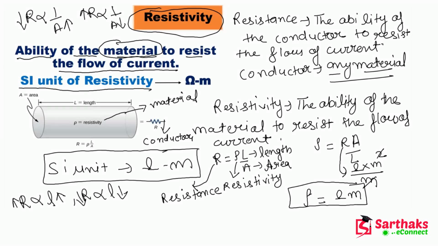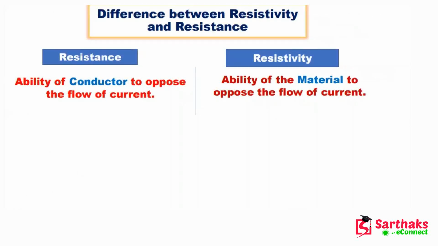Now, after understanding this concept, let's move on to the next slide. If you are asked what is the difference between resistivity and resistance, how would you write it? The first difference is that the ability of a conductor to oppose the flow of current is resistance, but the ability of the material to oppose the flow of current is resistivity.